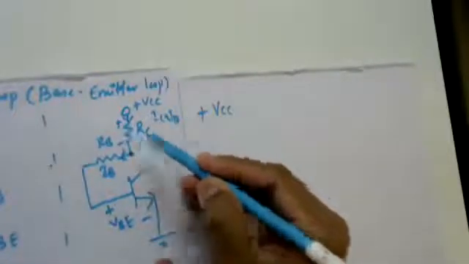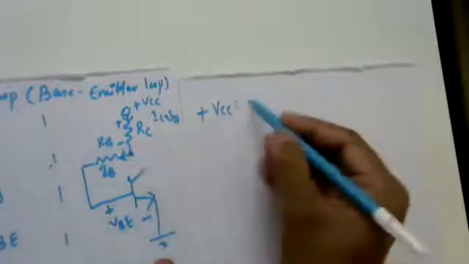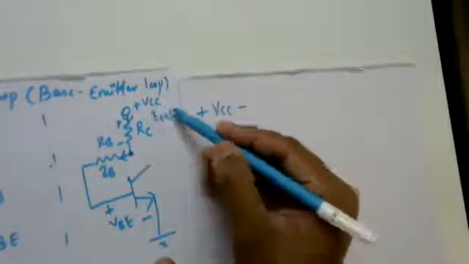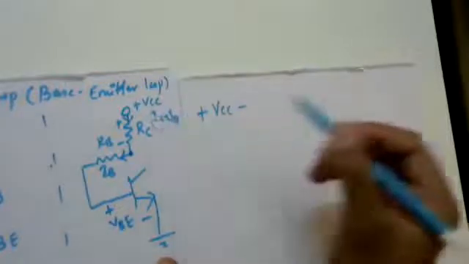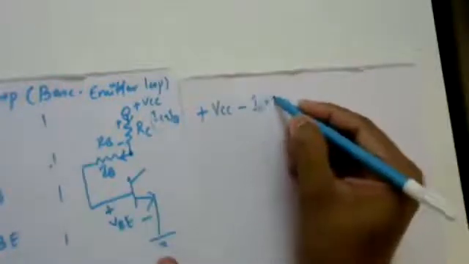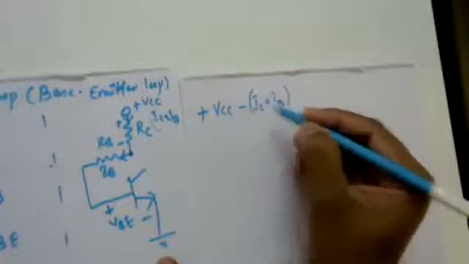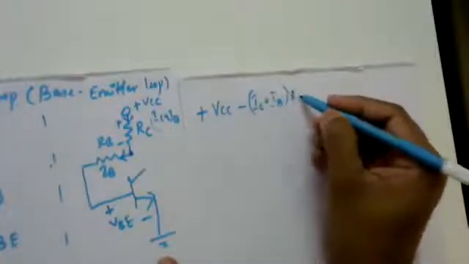Now we will apply KVL to this circuit. The equation that we will get is, let me say, negative to positive, plus VCC. I have taken this terminal. Then positive to negative, there is a voltage drop, so minus the current that flows through this resistance, IC plus IB, into the resistance RC.